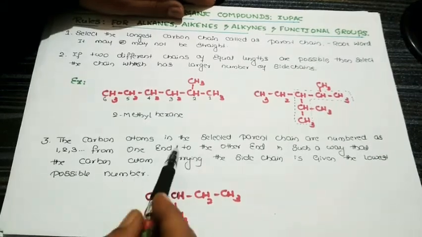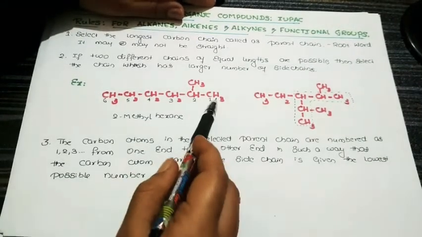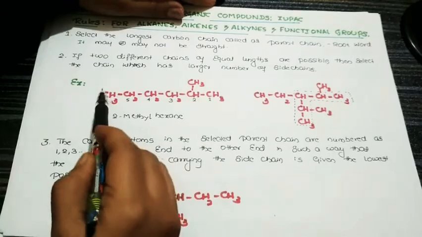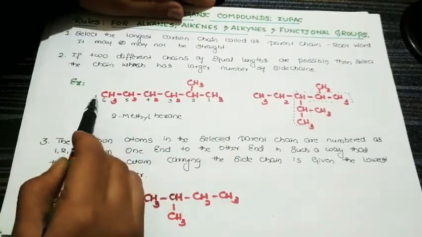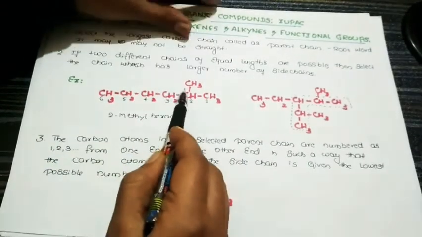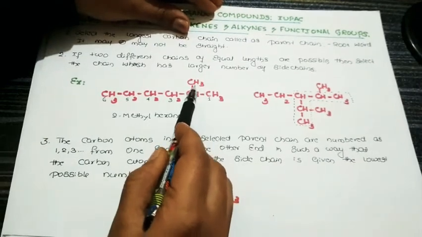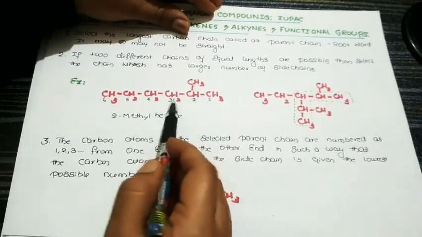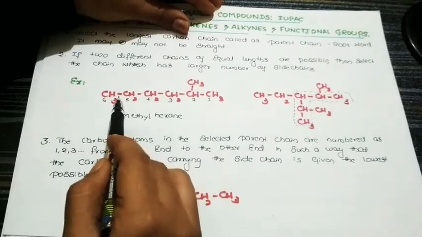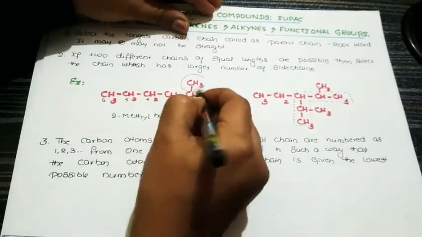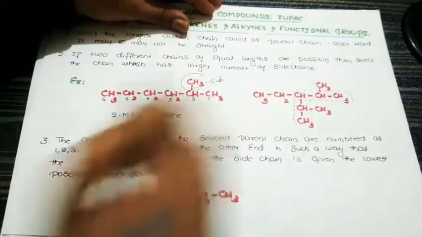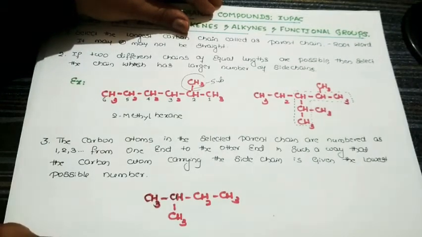Dear students, the meaning of this rule is that first we select the parent chain. Once we select the parent chain, whatever side chain we have, whatever carbon atoms are bonded to this parent chain, will be taken as a substituent.